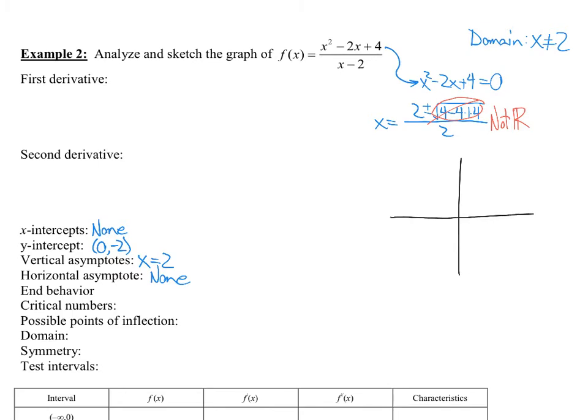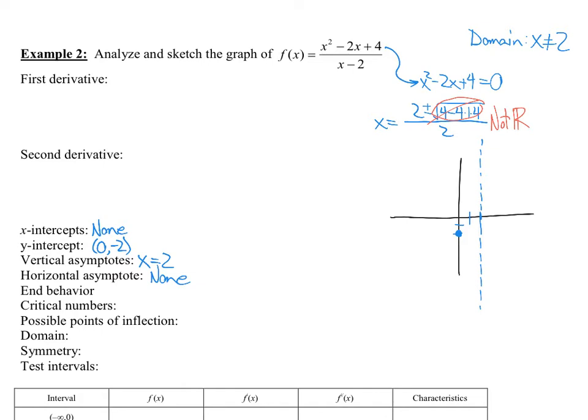How did you find the y-intercept again? The y-intercept is when x equals 0. Just plug in 0 for x. Okay? So we know that, and we have a vertical asymptote at x equals 2, so I'm going to sketch that part so far.